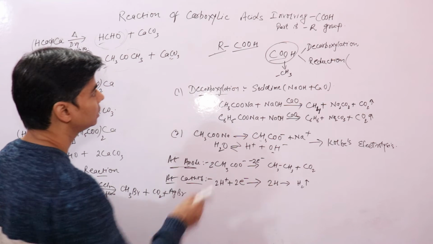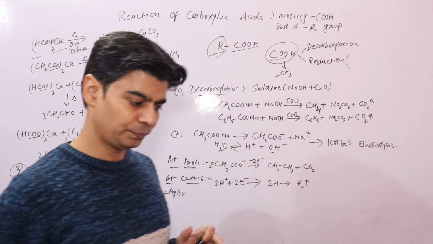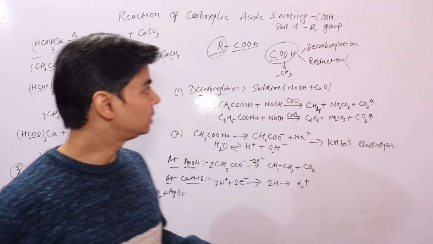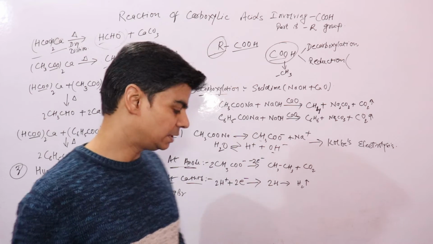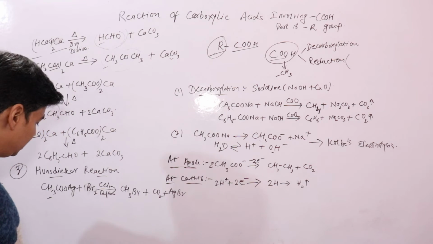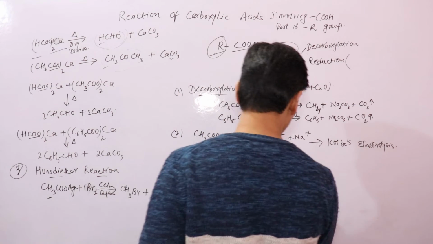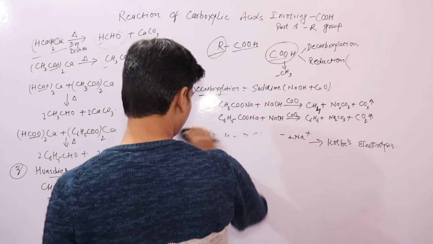Now let's look at the other type of reaction where only the R group would be involved, and we have a very important reaction. We would be doing only one reaction, and that's a very important reaction. We call that the Hell-Volhard-Zelinsky reaction. Right? Just remember the name reactions.